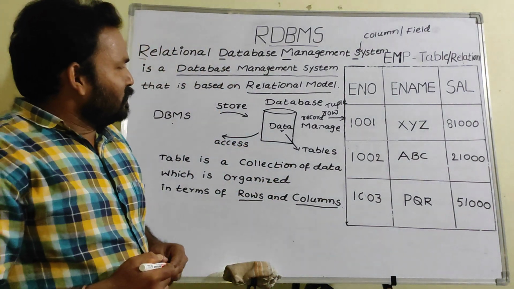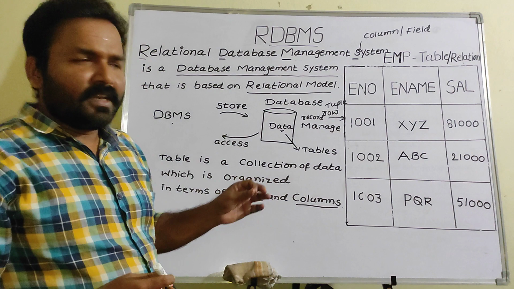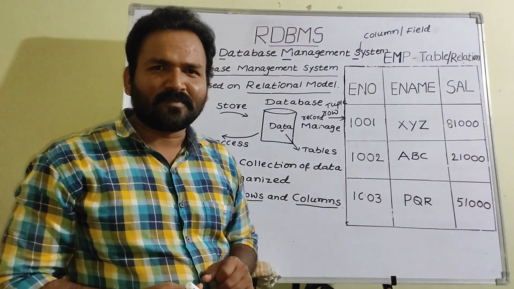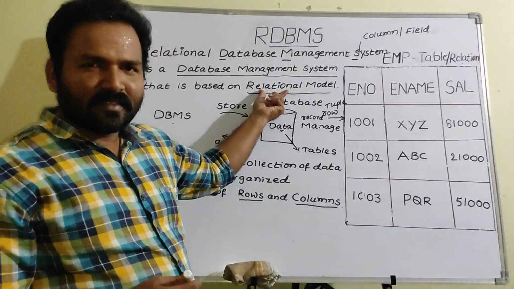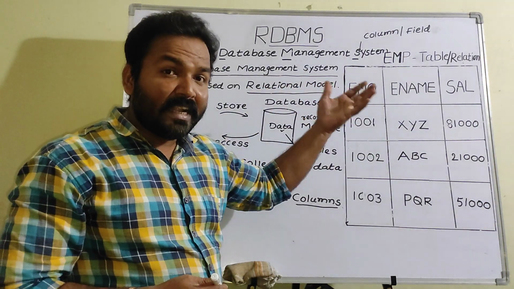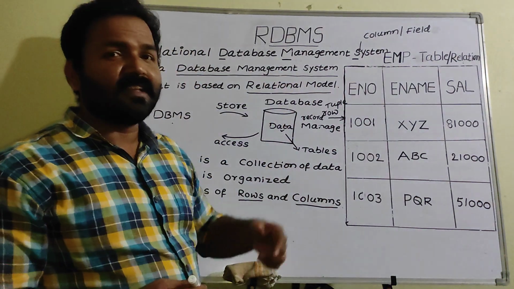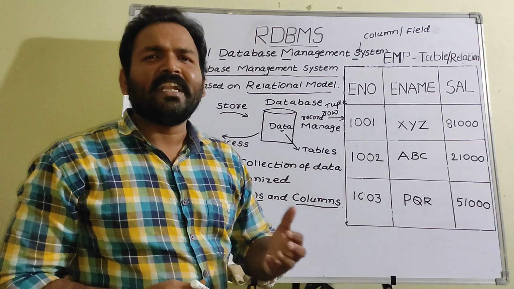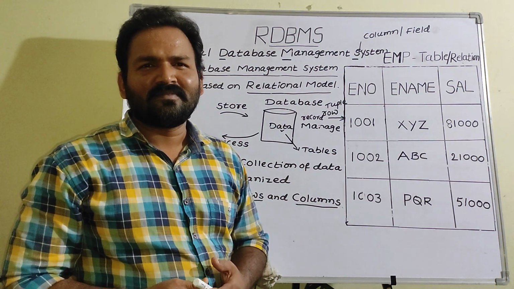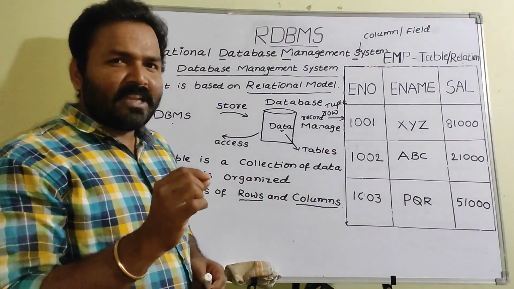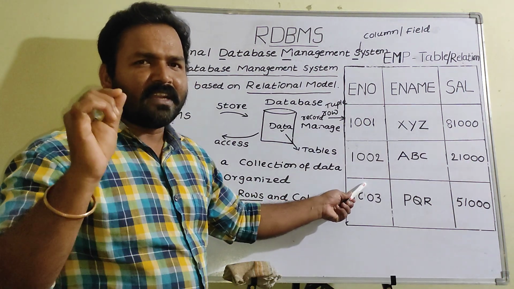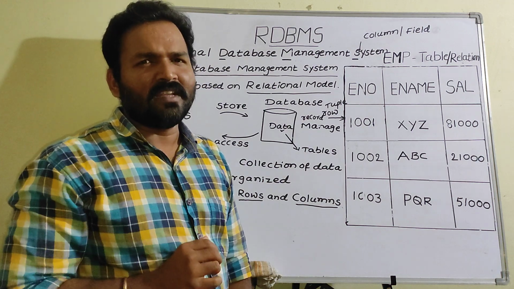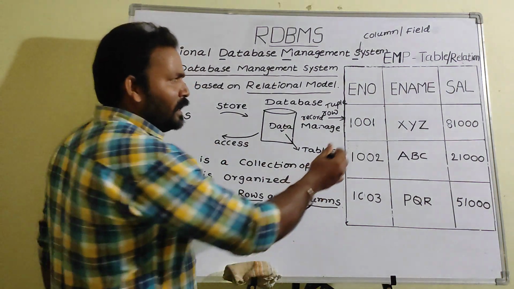Okay? Next, here data independence will be there in the relational model. What is data independence? Each value in the table is an independent value.